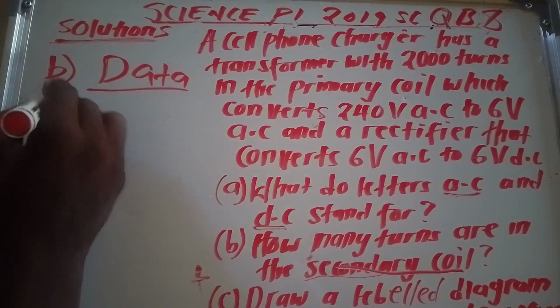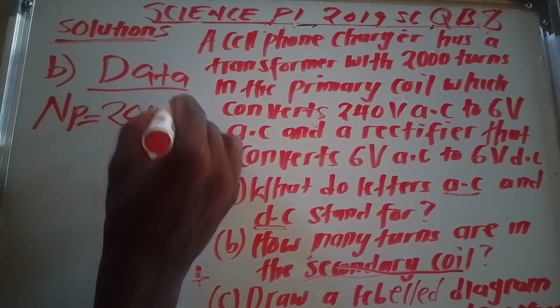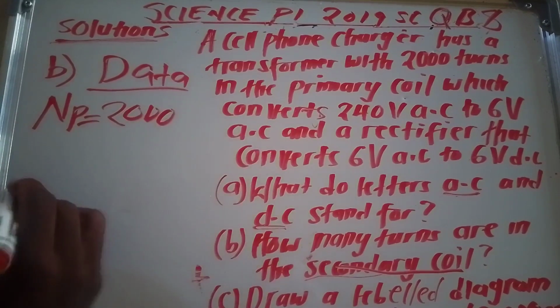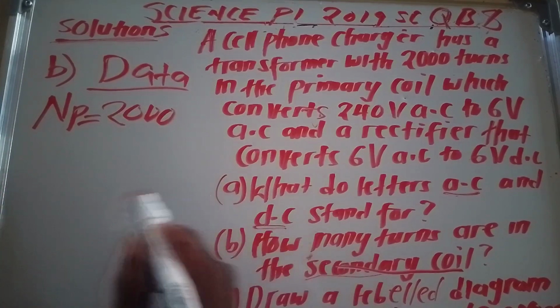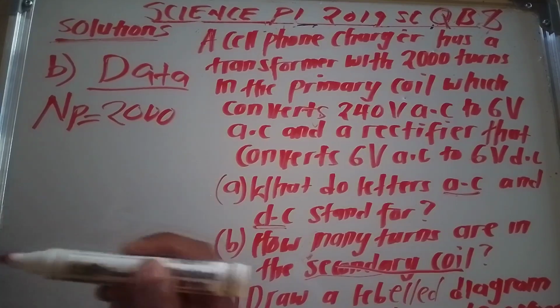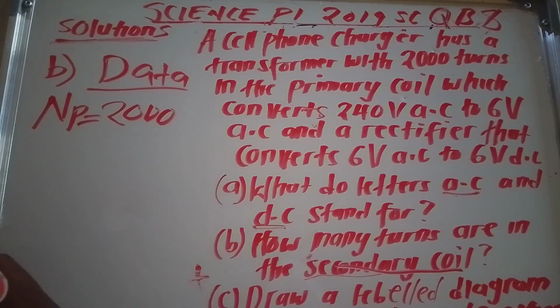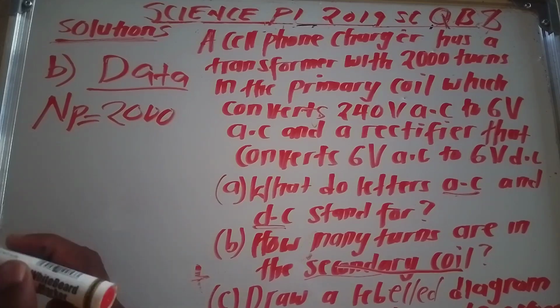Then also this same transformer converts 240 volts to 6 volts.